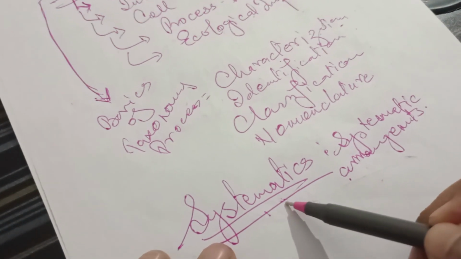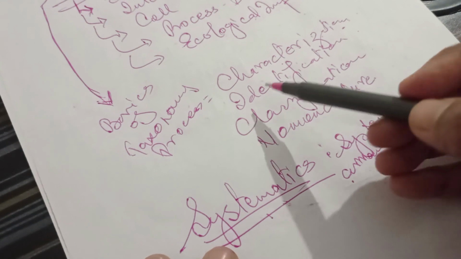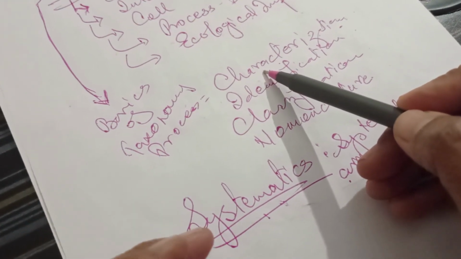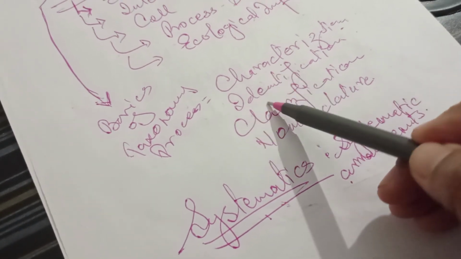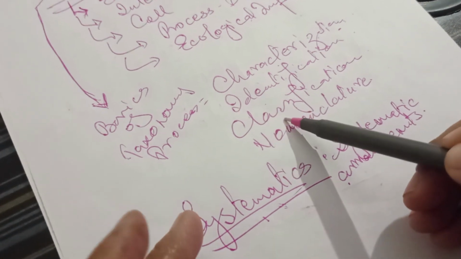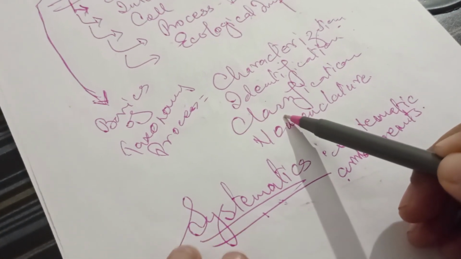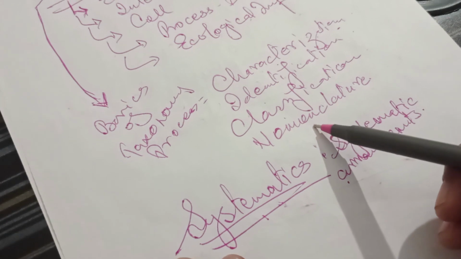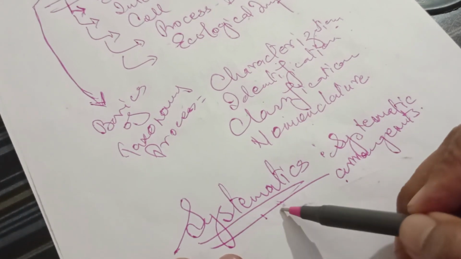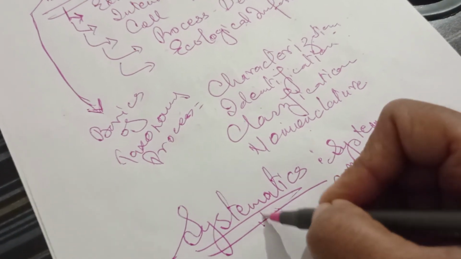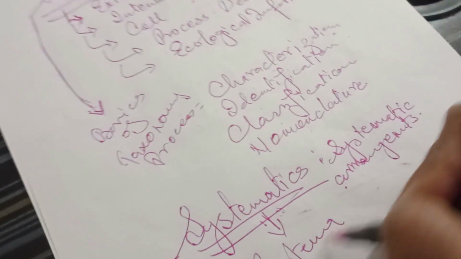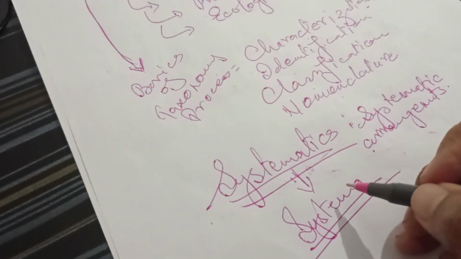So systematics includes what? It includes characterization, because without the characters you cannot identify them or group them. Identification, you have to identify that character; classification, you have to classify, group them; and then nomenclature. Okay, so this is systematics. Now the word systematics, you can very well understand, is taken from systema.